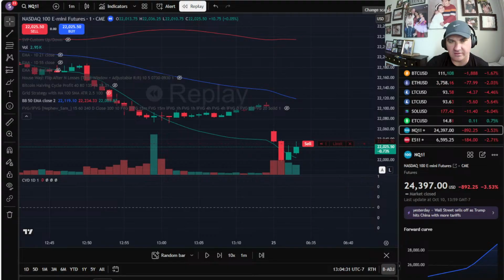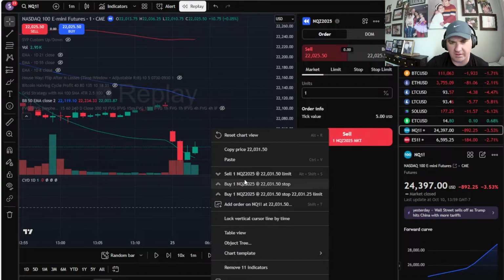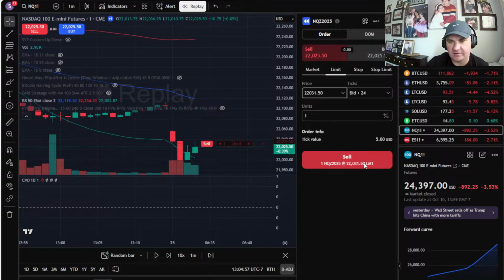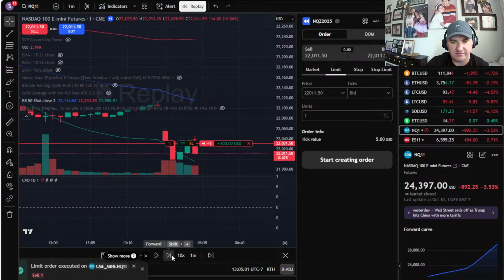Where is our little panel that we had open? I think it's there, but then, yeah, okay. So here's this gap. Sell limit there. Okay, it's confirmed. Let's see if we get in.